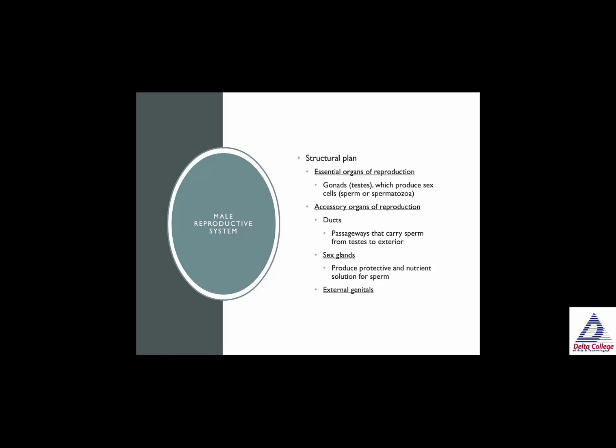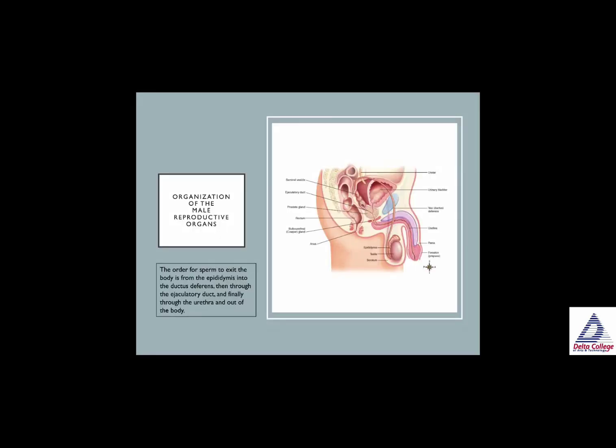Ducts are passageways that carry sperm from the testes to the exterior. Sex glands produce protective and nutrient solution for the sperm. And the external genitalia includes the penis and the scrotum.